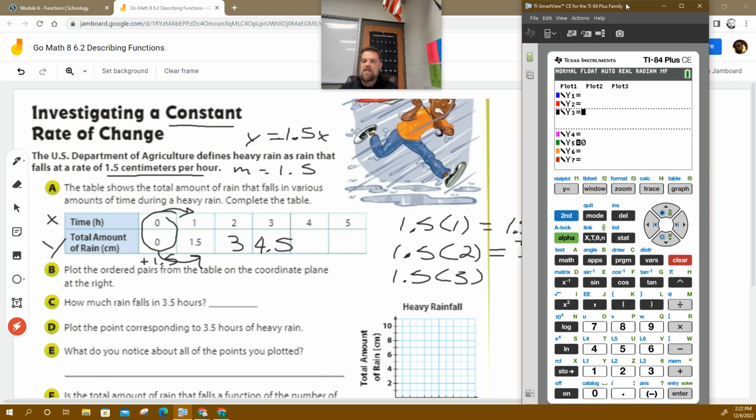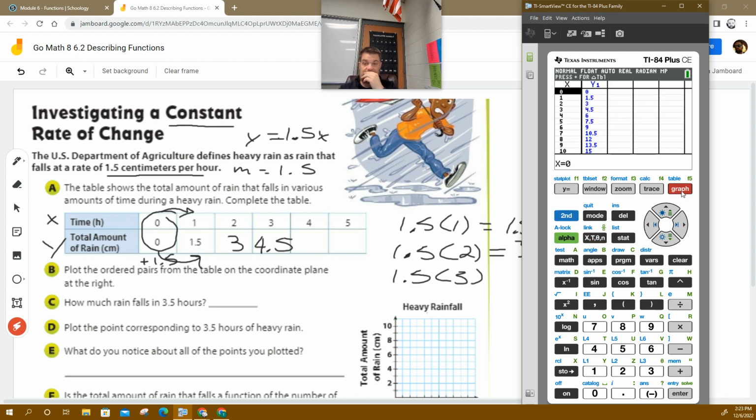All right. So then, once you've cleared everything out, what I want you to do is just put 1.5 times x. Now, I can get the table of values by hitting second and then the graph button, and then I get this. These are the values for this equation. So when x equals 4, what's the y value?